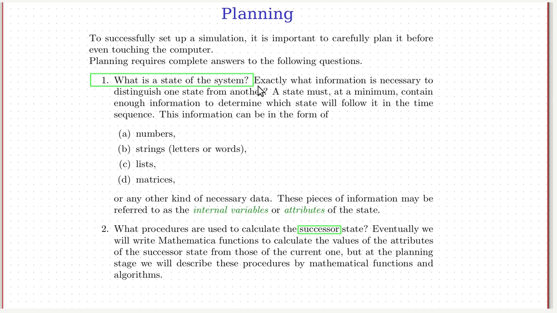In some cases, you might want to know something even about the recent history of the system. You might want to keep a record of what happened on the past couple of time steps. Technically, in a Markov chain, the probabilities of the succeeding state depend only on what the present state is.